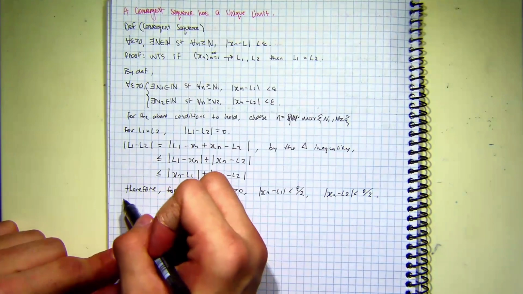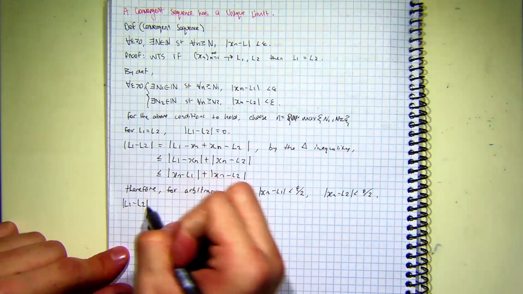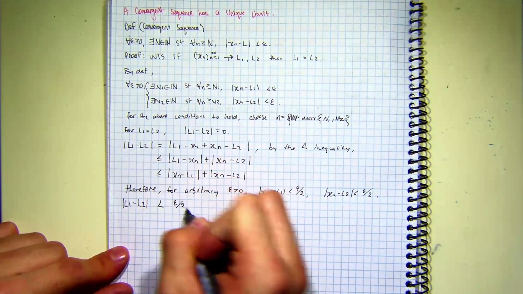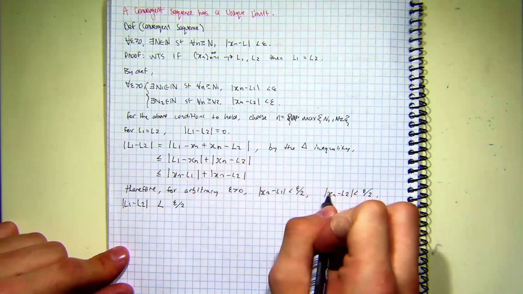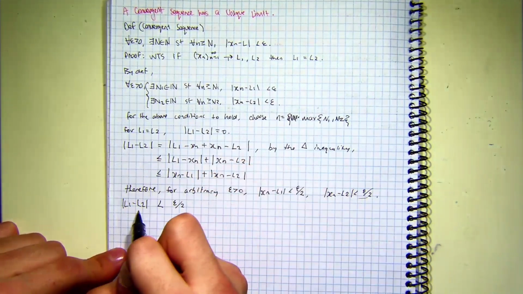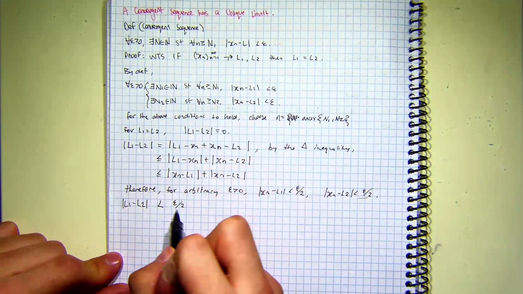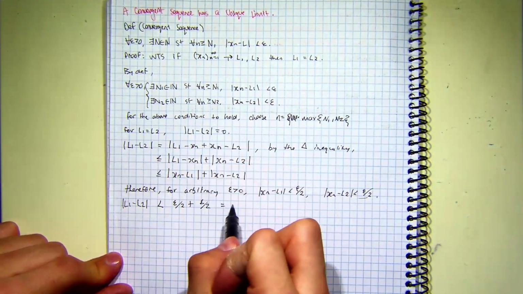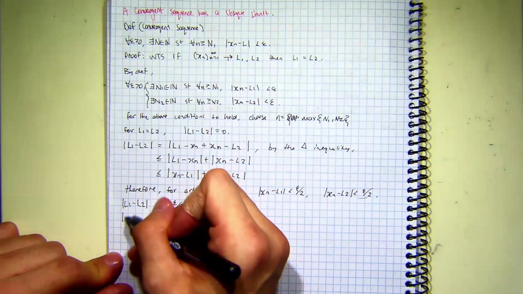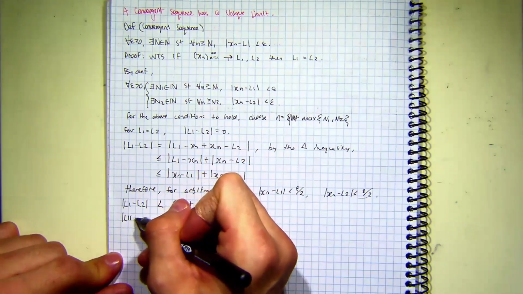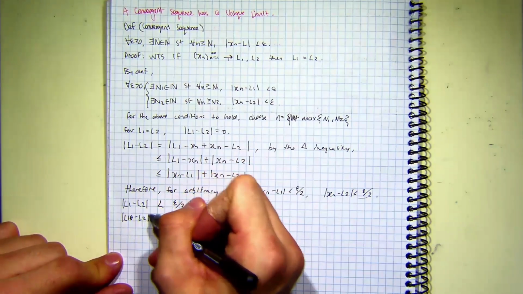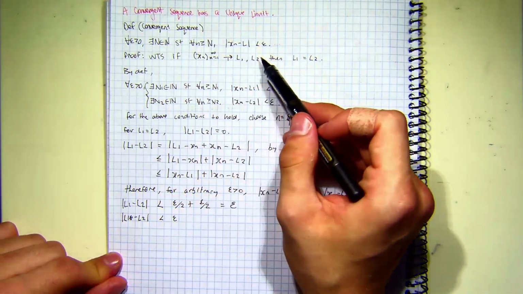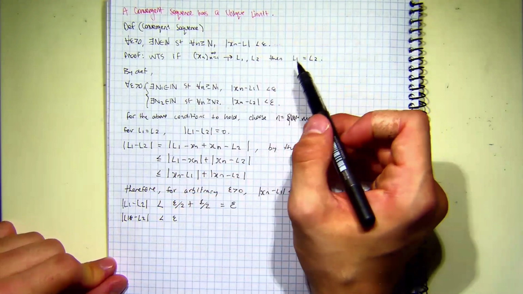So therefore, that would mean that |L1 - L2| is less than epsilon on 2, just putting this in here because this is less than this, so therefore this will be strictly less than epsilon on 2 plus epsilon on 2, which is epsilon, which gives |L1 - L2| is less than epsilon, which is what we wanted.